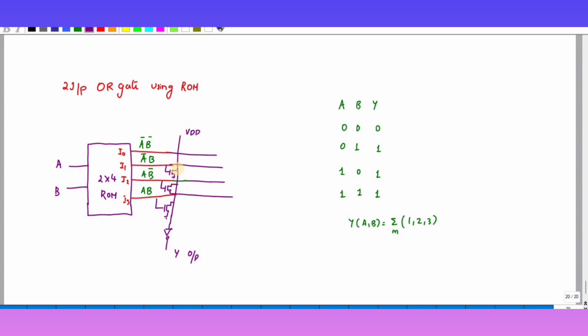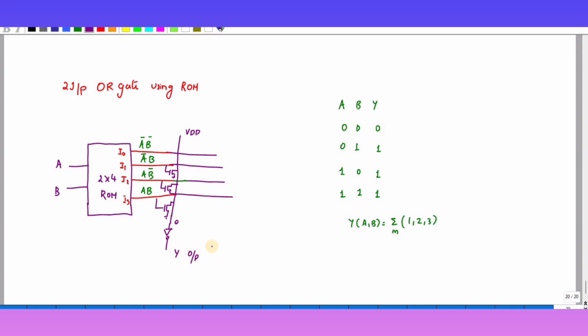The VDD passes through to the ground, so you will not get the 1 value at the input of the NOT gate; you will get 0 here. Though I have given VDD, since the MOSFET turns on, it goes to 0, so my output goes to 1, Y is equal to 1.